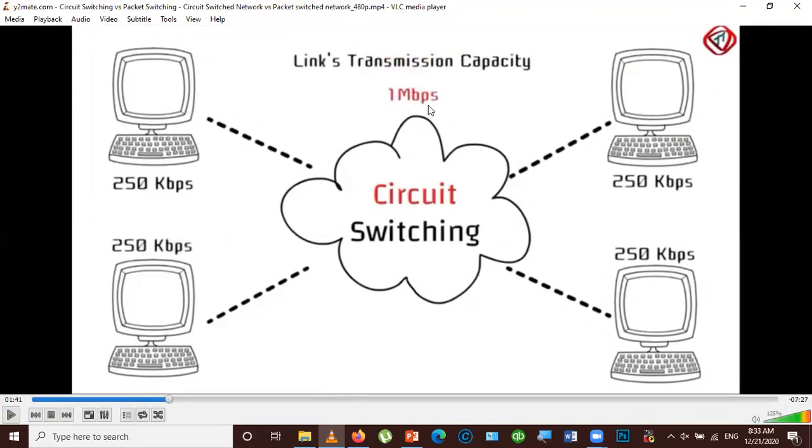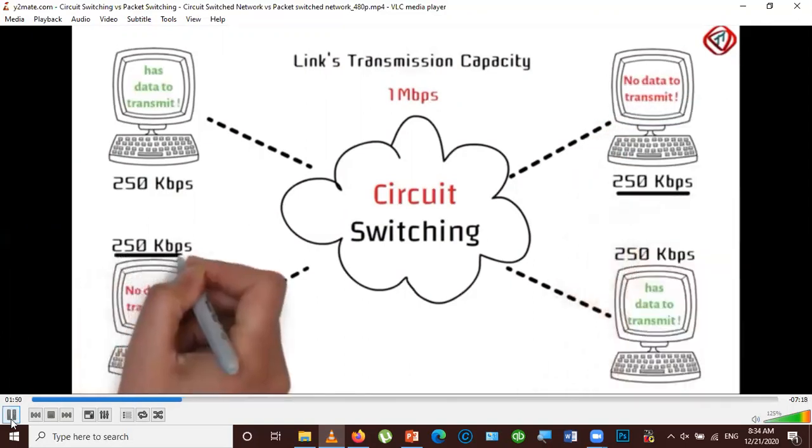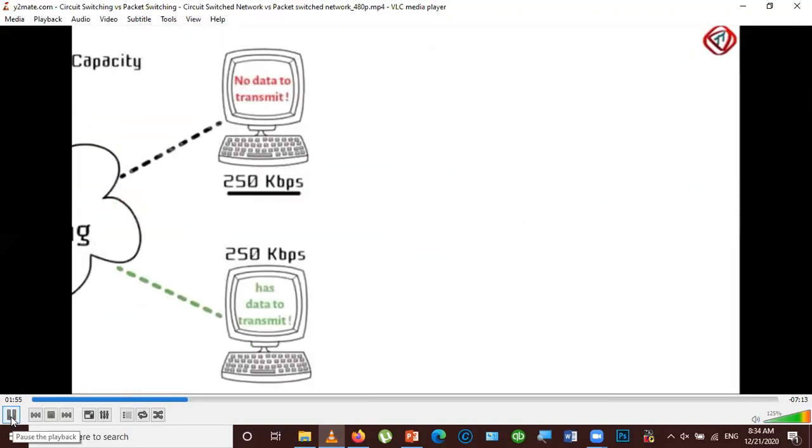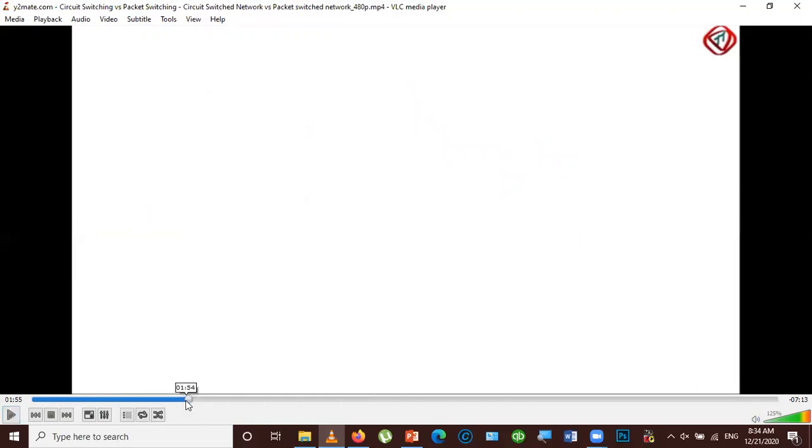So if we have this 1 Mbps total capacity and four computers are connected with each other, each computer uses 250 kilobits per second, and these 250 kilobits are dedicated for each computer. Even if no data is transmitted from one computer to another, the dedicated bandwidth is already there.